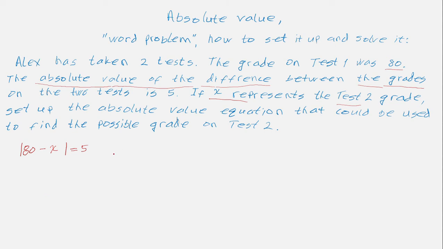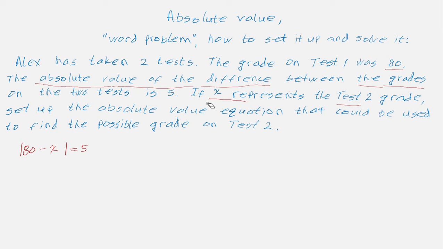So let's just go over it again. Since we know that we are looking for the absolute value of the difference, we are going to have absolute value and a difference in between. We are trying to find the difference between the 2 tests. And we know that the first test is 80, so we put 80 there.